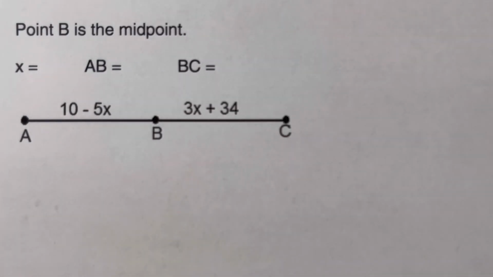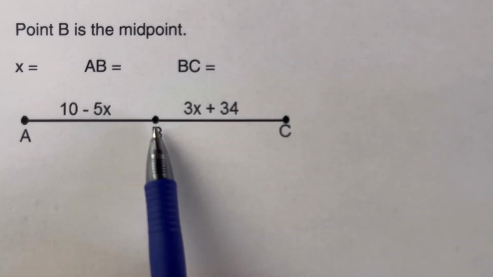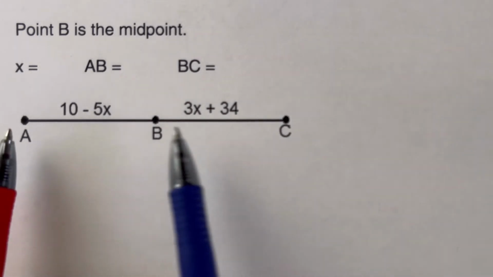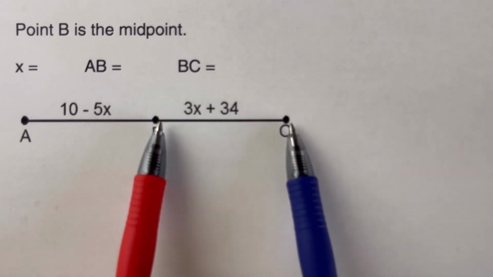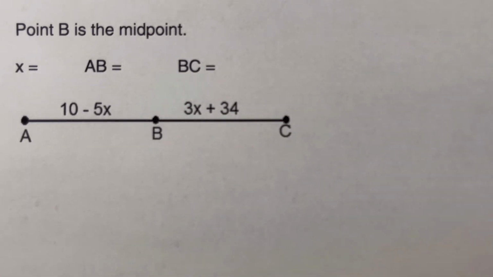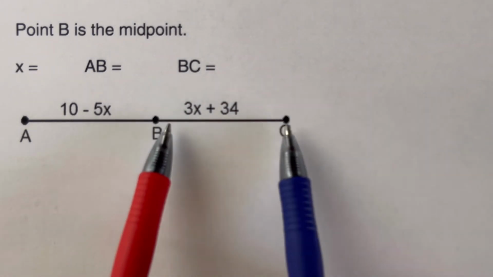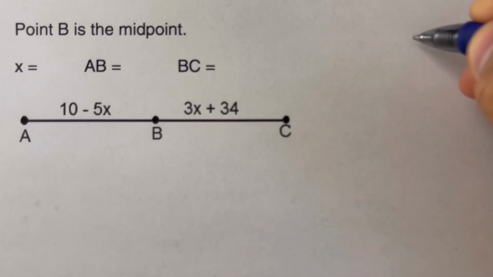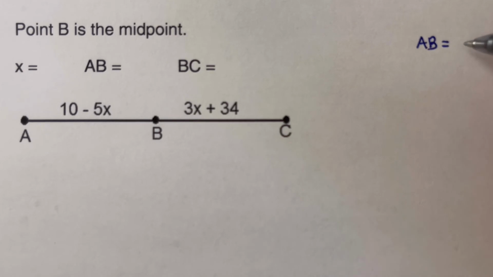In this example, we are given point B as the midpoint. Again, since B is the midpoint, the whole AC was cut into two equal pieces. So we can set up our equation: AB is equal to BC, so that we can solve for x. So we can write that down here. AB is equal to BC.